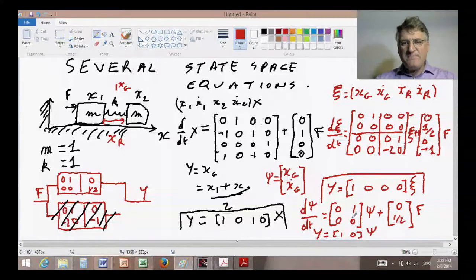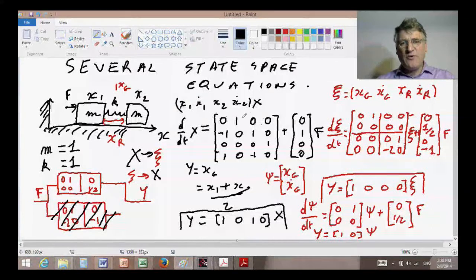The second one is that we need to study, because these two systems are equivalent, how we can go from x to xi and from xi to x.